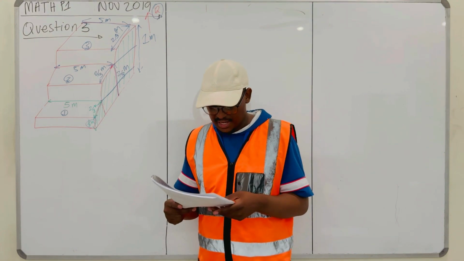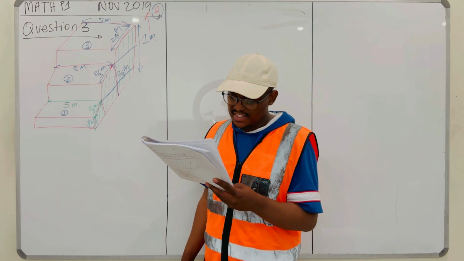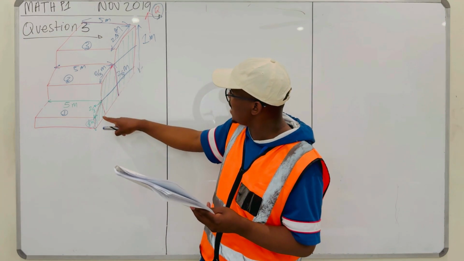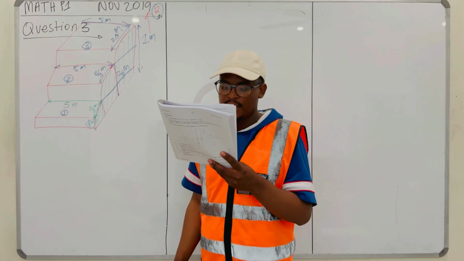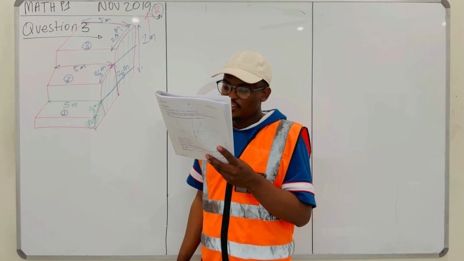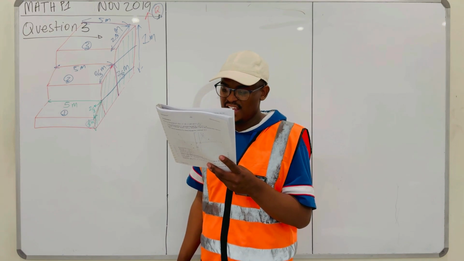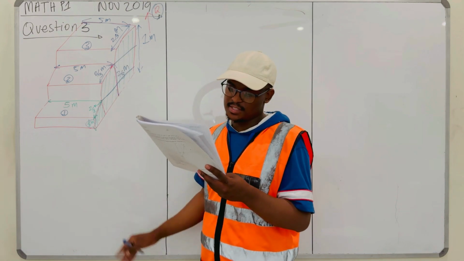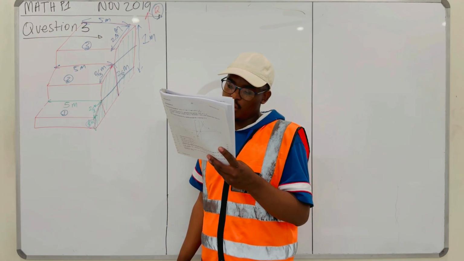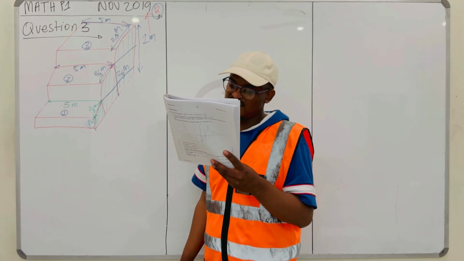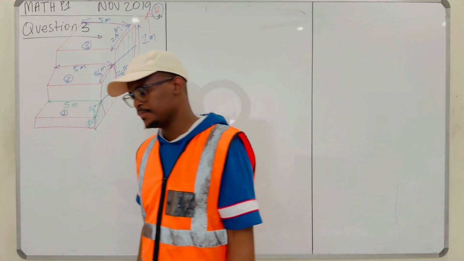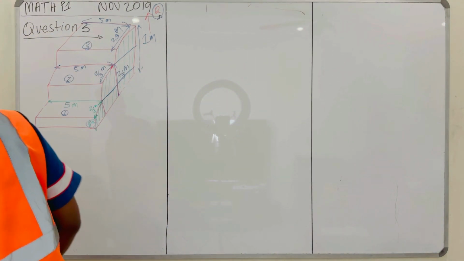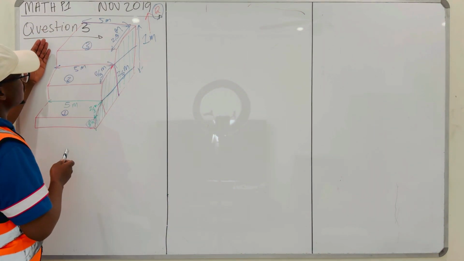Let me read this again. They are saying the open side, which is the shaded area that I've shaded in green here, on each side of the pavilion must be covered with metal sheeting, right? So they must be covered in metal sheets. Calculate the area in square meters of the metal sheeting that is needed to cover the open sides, which is both of them. So this side is open and this side is open.